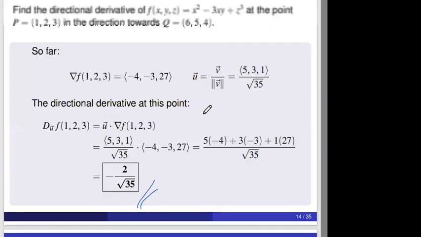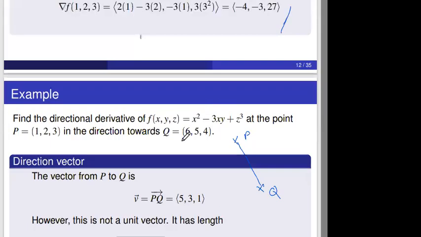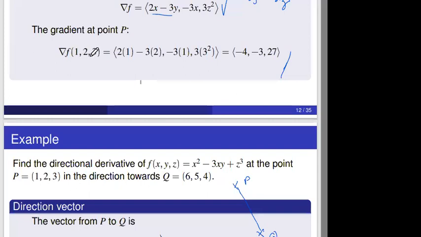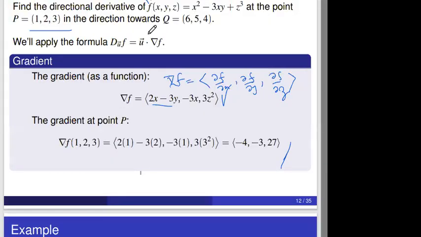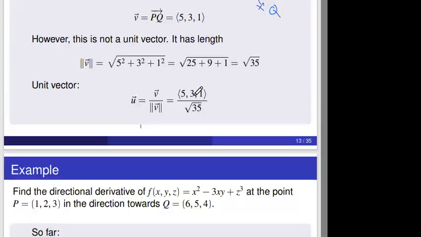Because this is a dot product between the gradient of f evaluated at the point and the direction u, you can use the definition of the dot product: magnitude of u, which is 1 because this is a unit vector, times the magnitude of the gradient of f evaluated at the point, times cos theta, where theta is the angle between this direction and the gradient of f.